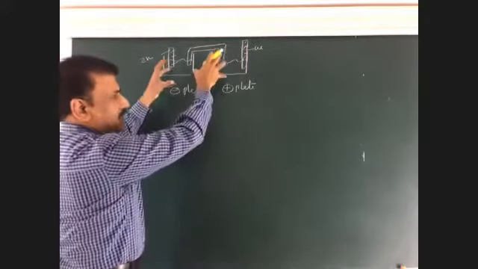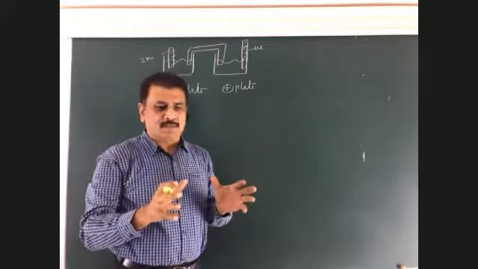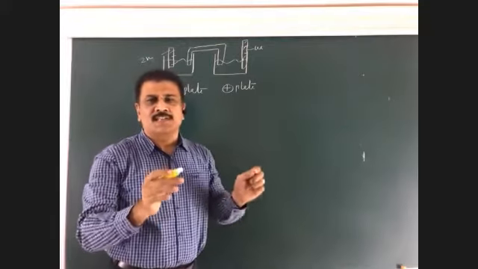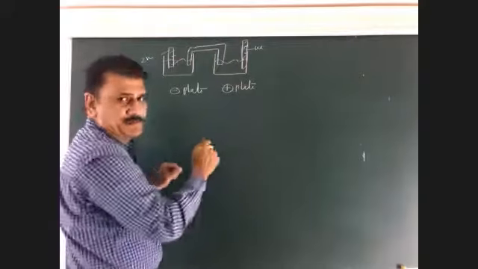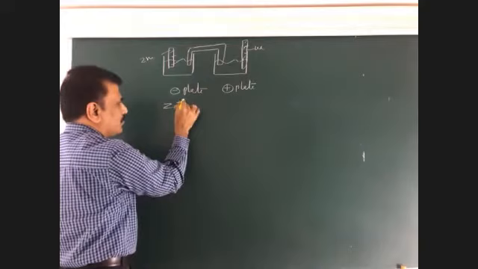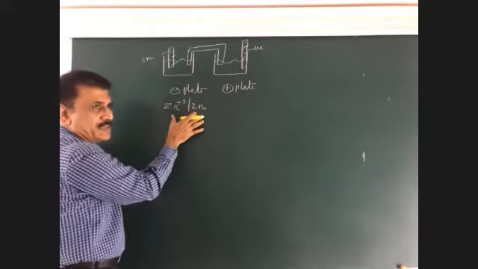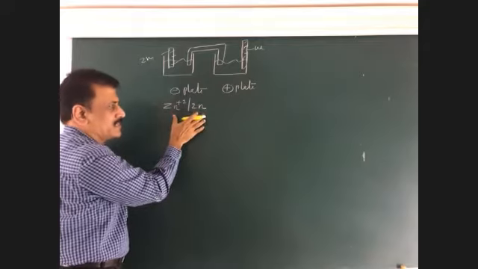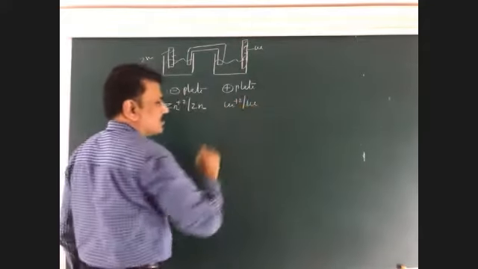Instead of representing this type of diagram, it is simply represented with a simple notation that is called cell notation. Every time there is no need to remember this diagram. This is called the zinc electrode, Zn2+ | Zn. This is a reduction potential I have represented. Here also Cu2+ | Cu.